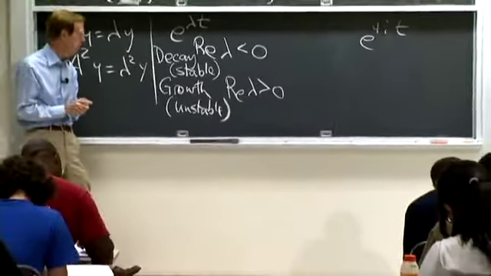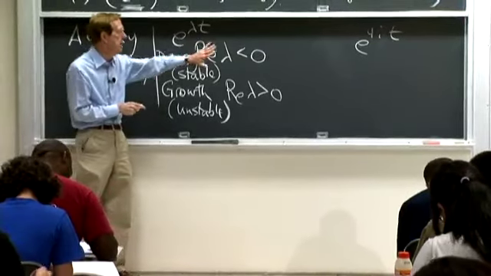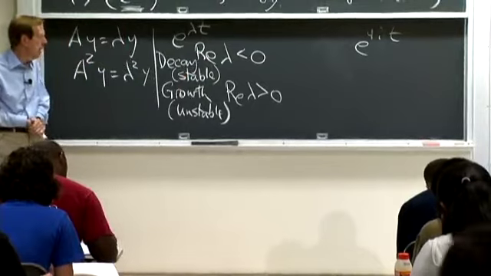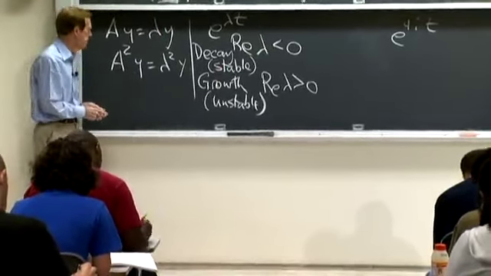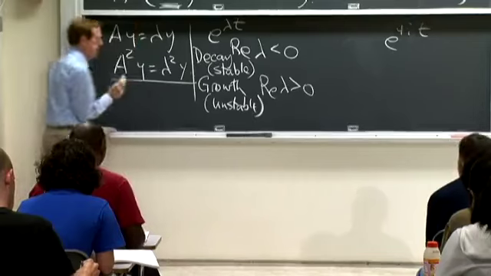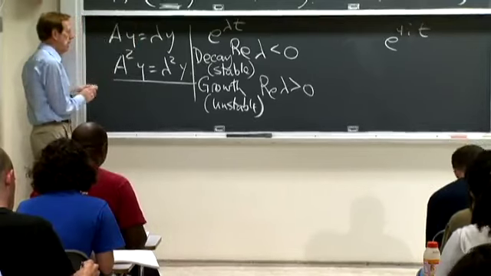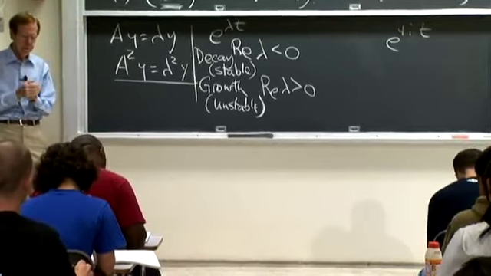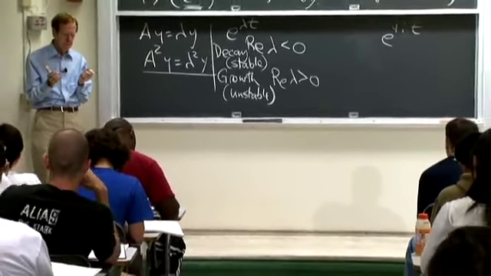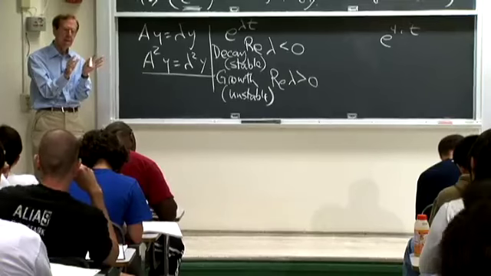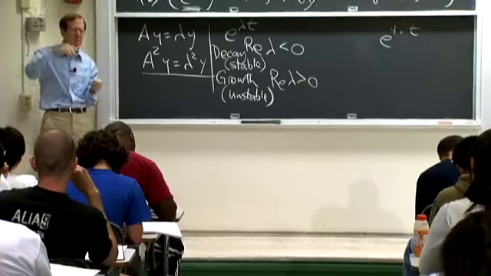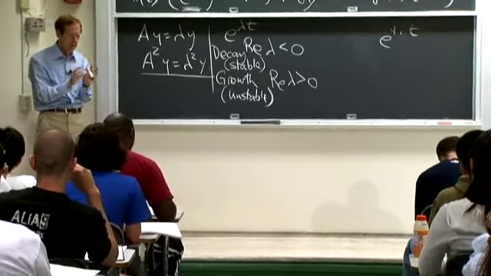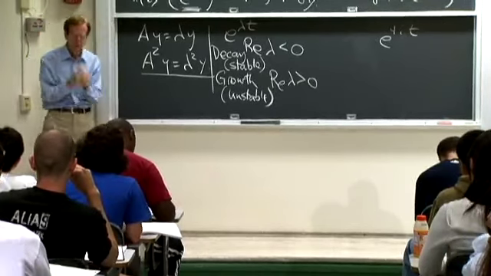Okay. All right, so in this discussion we've seen growth and decay. Oh, tell me the parallels, because I'm always shooting for the parallels. What about the growth of A? How can I recognize a matrix whose powers grow? How can I recognize a matrix whose powers go to 0?